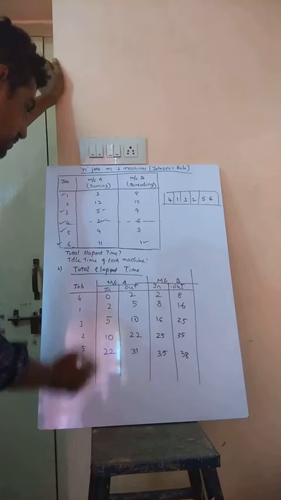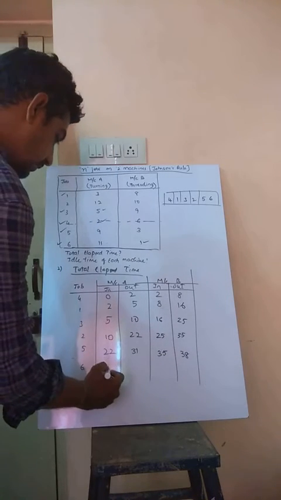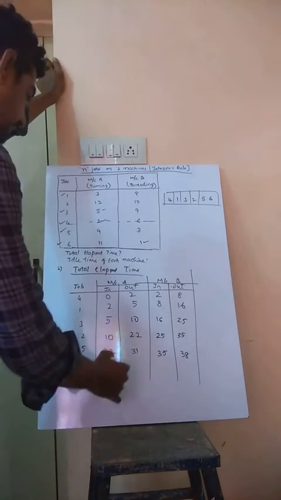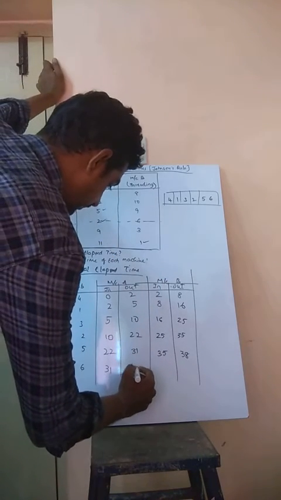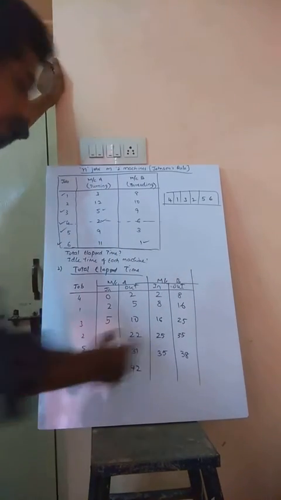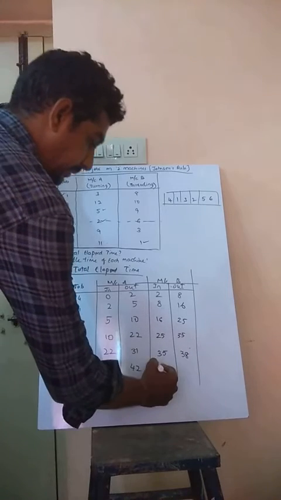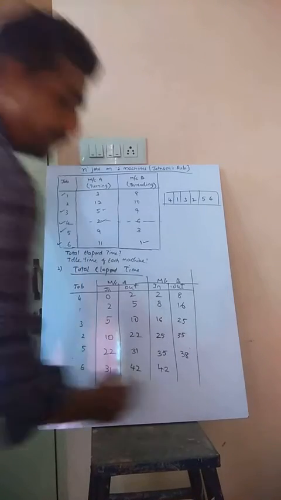Next, the sixth job: 31 plus 11 is 42. Between 42 and 38, we take 42.